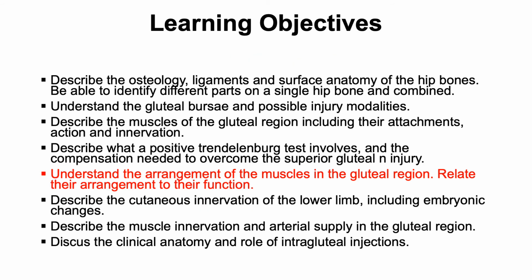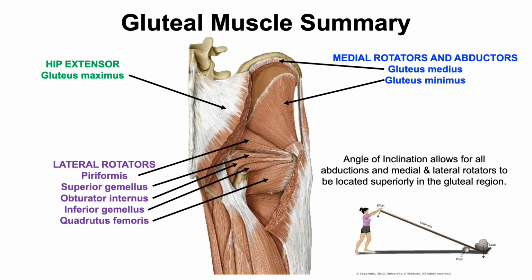So now we're going to talk about why you can have these 3 different actions involving muscles that attach to basically the same thing in the same region. And that is due to something called an angle of inclination. And it basically is what allows these muscles to be located in the hip and also be short and act quite largely on this long bone.